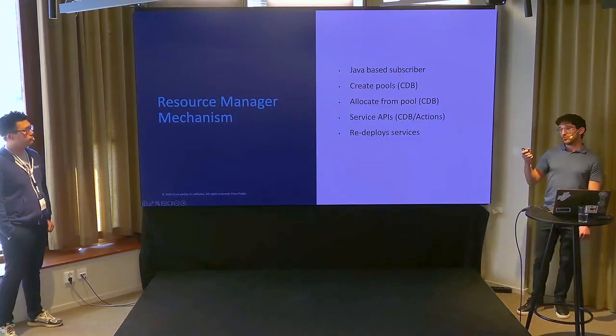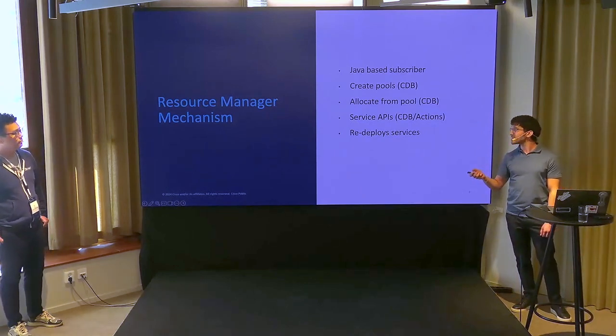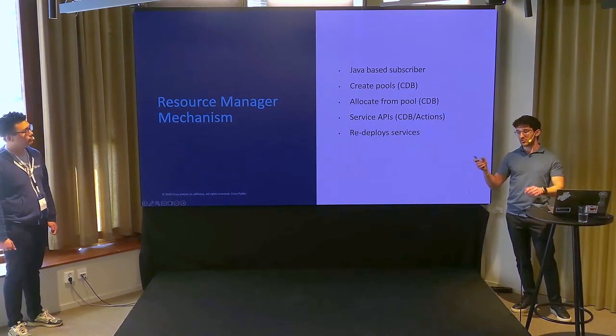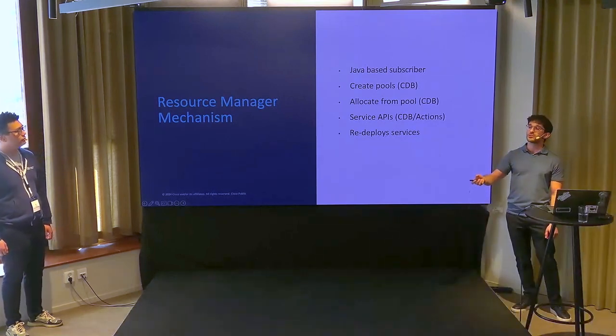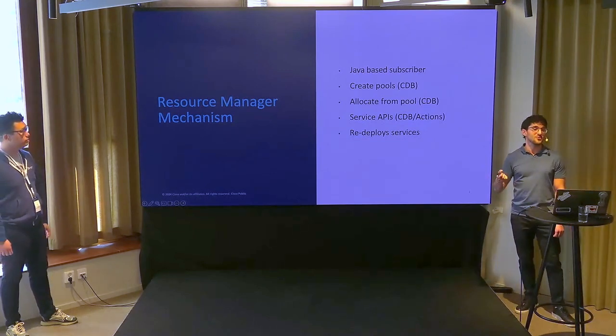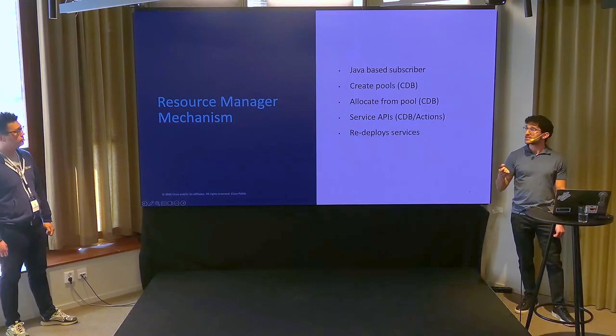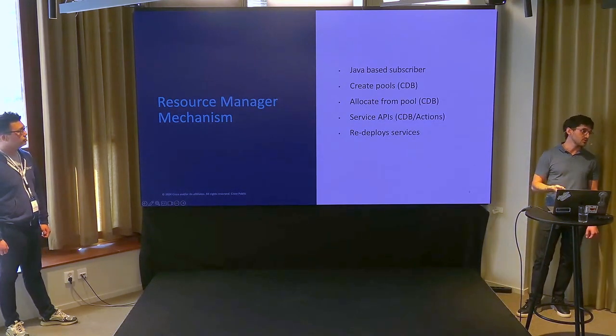So you start off when you use the resource manager by creating pools in the CDB. That's just configuration. You create a pool, you give it an ID, and you give it a range of resources. And then you can start allocating your resources from that pool. And that is by adding config to the CDB if you are doing it asynchronously.